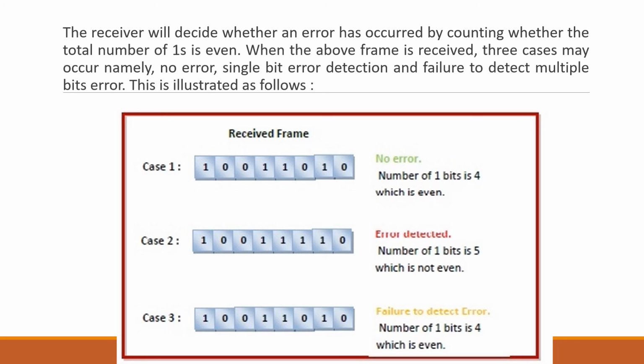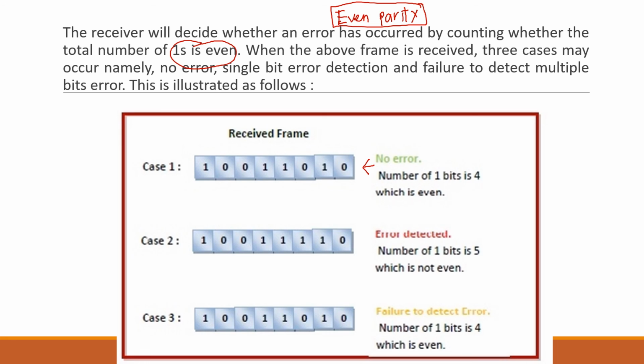The receiver will decide whether an error has occurred by counting whether the total number of 1s is even or not. Because in the question they already mentioned using the even parity checker, the number of 1s must be even. When the above frame is received, 3 cases may occur, namely no error, single bit error detection, or failure to detect multiple bit errors, as illustrated below.